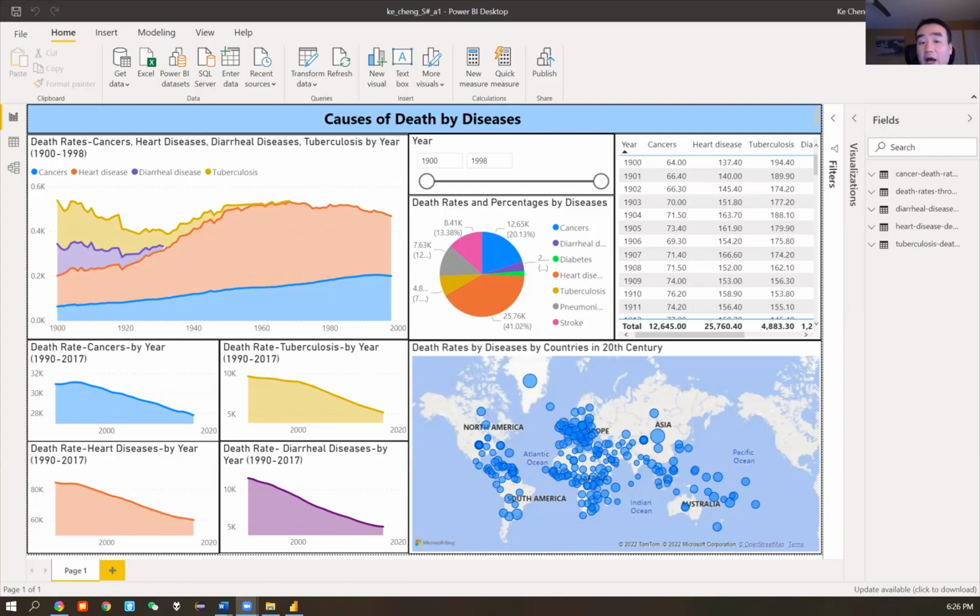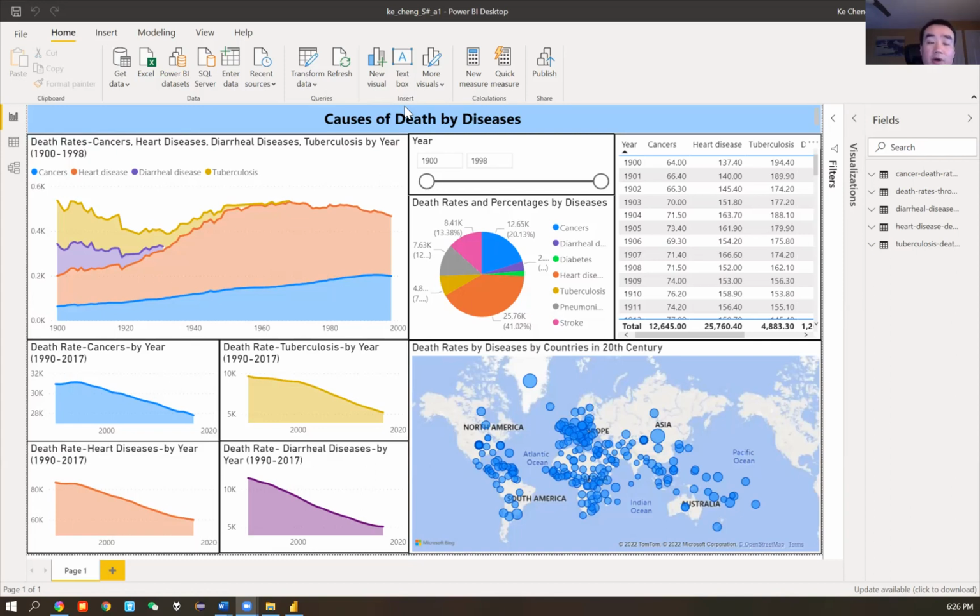To show the facts of these diseases, I would like to use Power BI to make a dashboard, including several graphs. These graphs will show the specific statistics and results according to the different diseases.